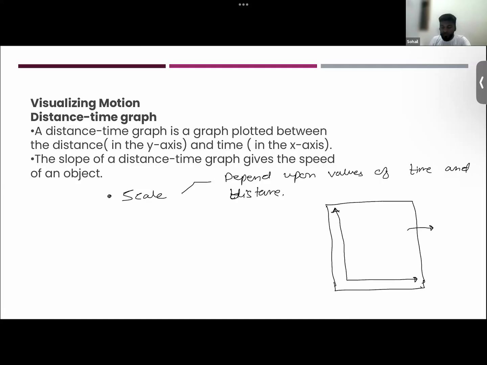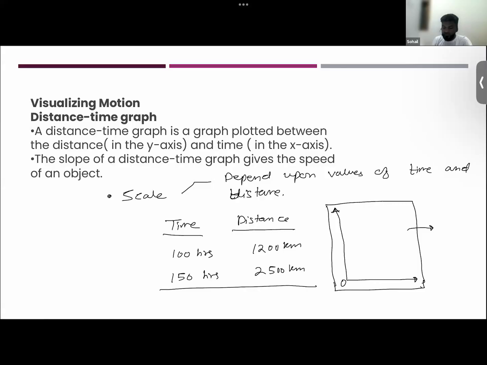Just for explanation, understand it like this: if you are required to plot two values of time and distance, listen carefully. The time is, let's say, 100 hours, and the distance is 1200 kilometers. Another reading is 150 hours and 2500 kilometers.